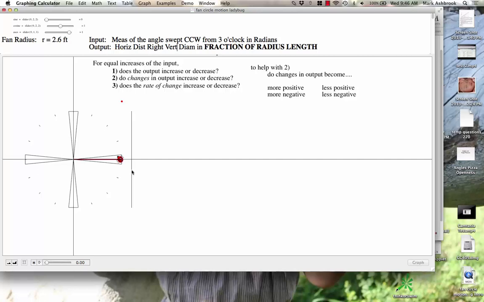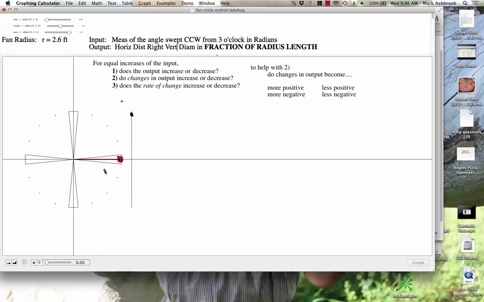So for instance, right here, when the angle measure is 0, what is our horizontal distance right of the vertical diameter? 1 full radius, right? So how does that graph as a point? Where are we going to start? Up at 1 now. Why? Because the vertical axis for this graph is measuring horizontal distance from the vertical diameter of the bug in the circle.